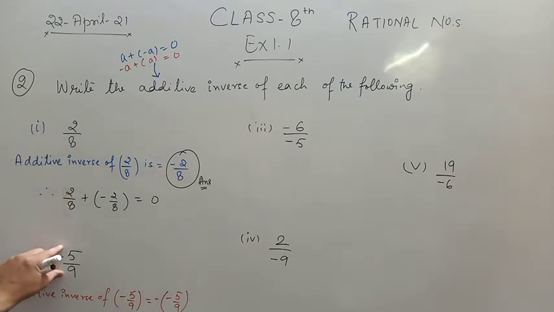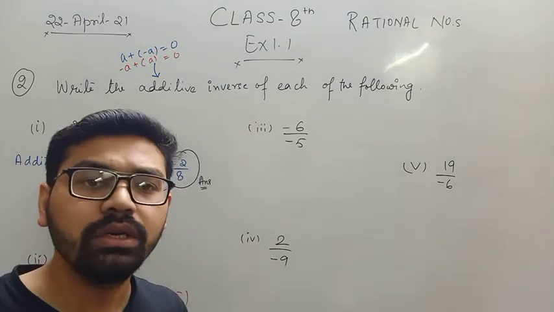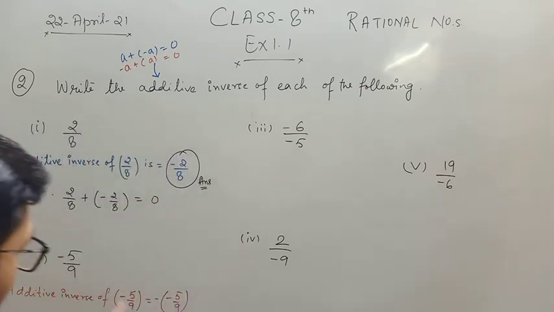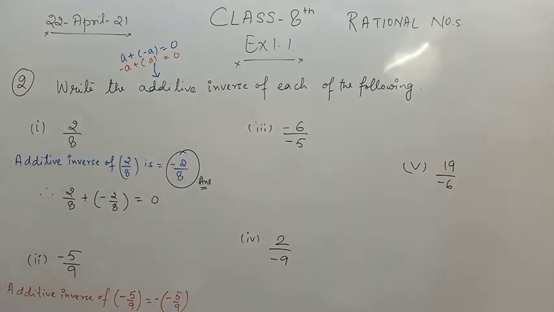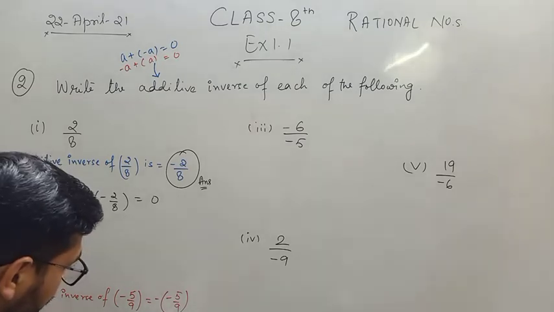If I have minus 5 upon 9, what number will I add with it so that I get a result 0? Plus 5 upon 9. Now you can verify this: minus 5 upon 9, which is given, when I add its additive inverse, the result is 0. So this is your answer.